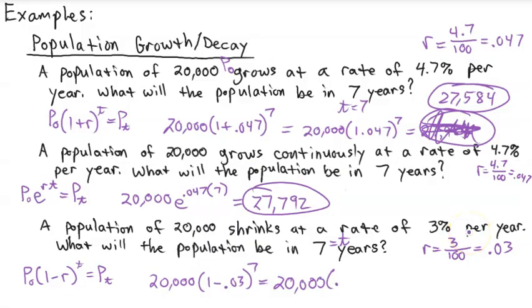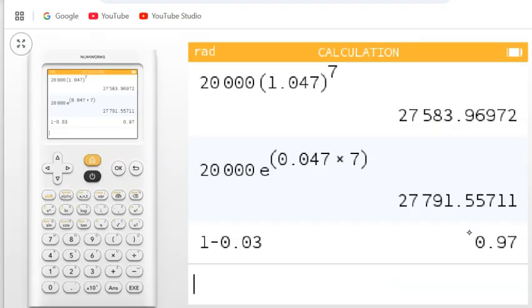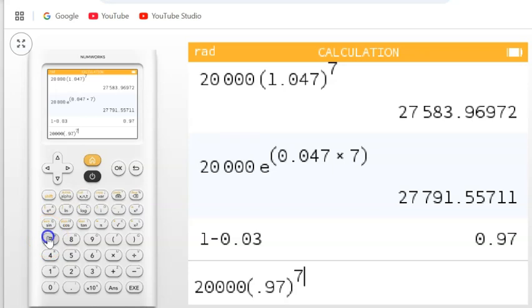When this number is less than 1, we know that it's a decay formula. So we'll put 20,000 times 0.97 to the 7th power, and that's what we're going to key into the calculator: 20,000 times 0.97 to the power of 7.